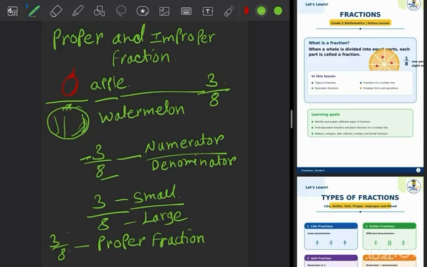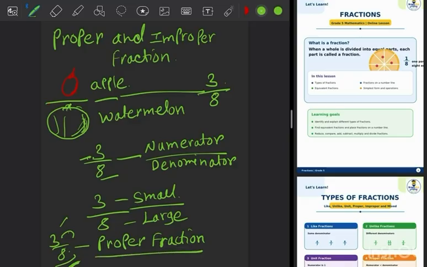The large number is holding the smaller number. So a fraction which has numerator less than the denominator is called a proper fraction.